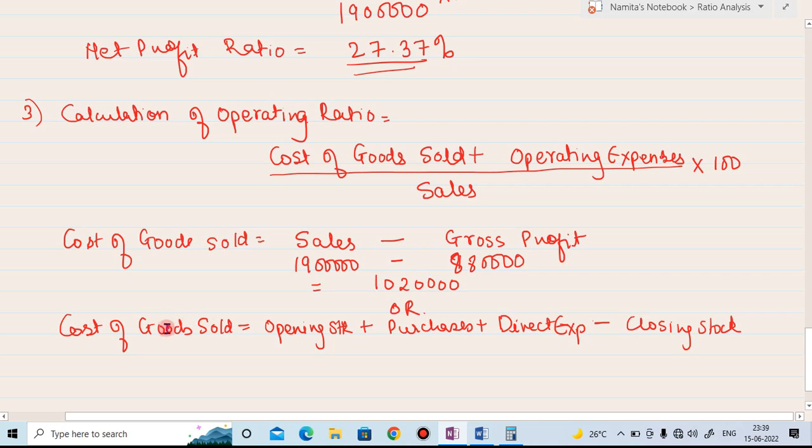Okay, so the second method to find cost of goods sold is opening stock plus purchases plus direct expenses and less closing stock.